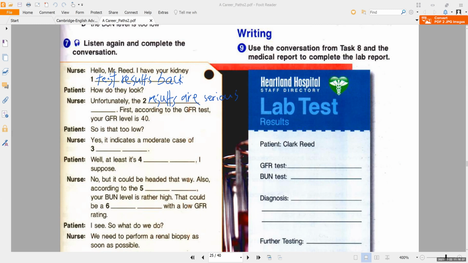So is that too low? Yes, it indicates a moderate case of kidney disease.